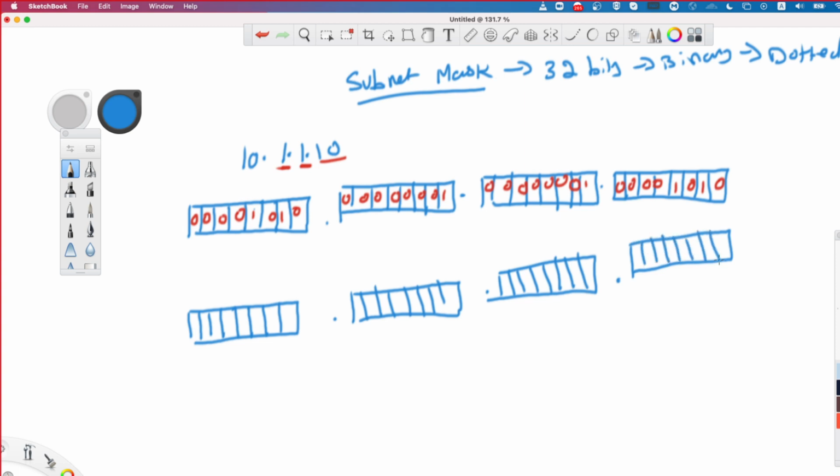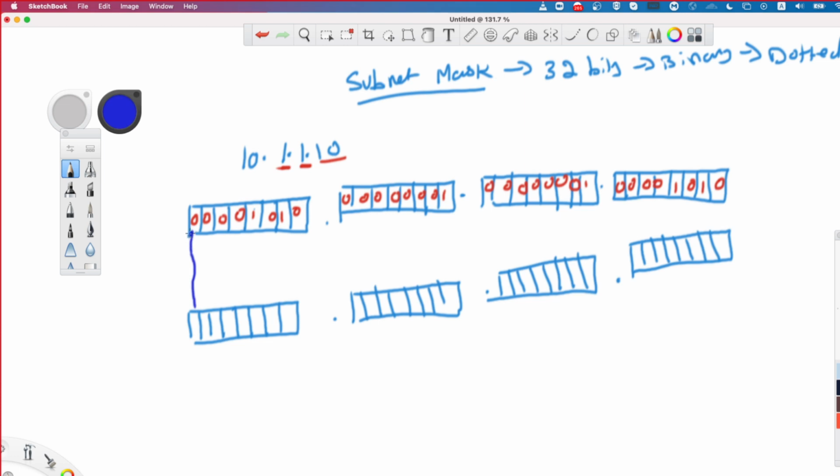Now my point is, as I said earlier, every bit of your subnet mask is tightly bound to the corresponding bit of the IP address.